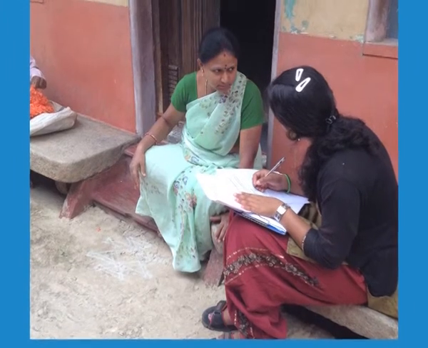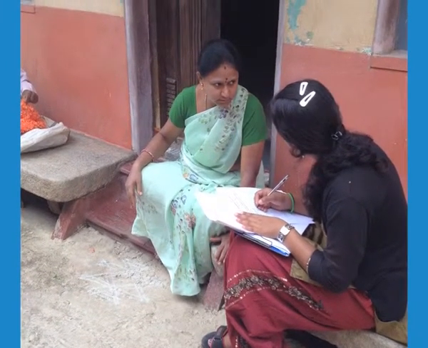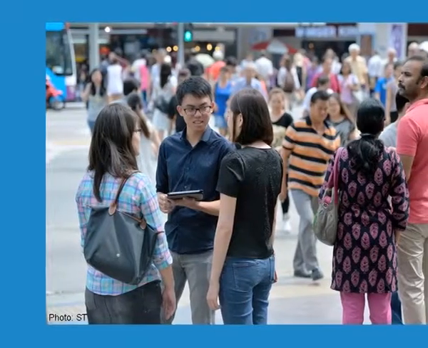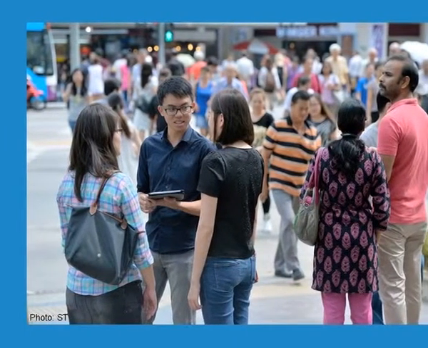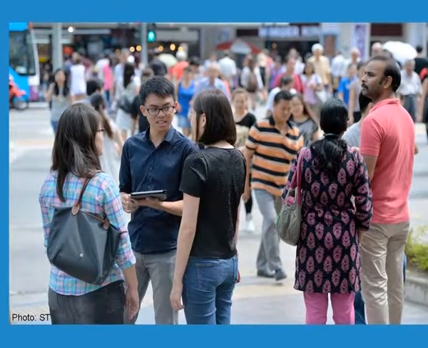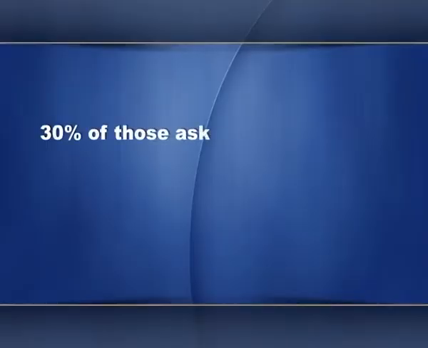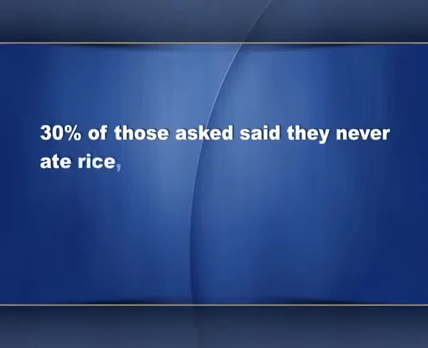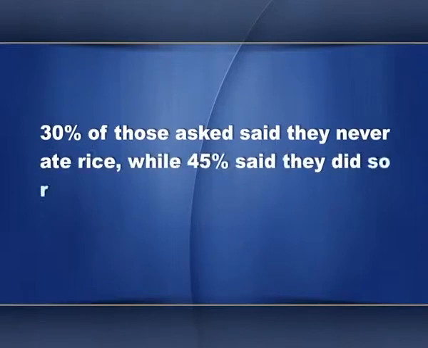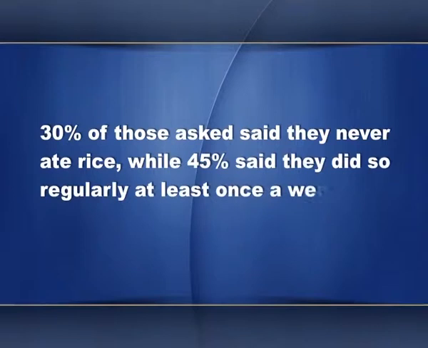The household survey and census ask closed questions, and often market researchers who stop you in the street do too. You might ask them to indicate how true or certain a statement was felt to be, and this too can provide both a closed response and one which can be quantified. 30% of those asked never ate rice, while 45% said they did so regularly, at least once a week, and so on.